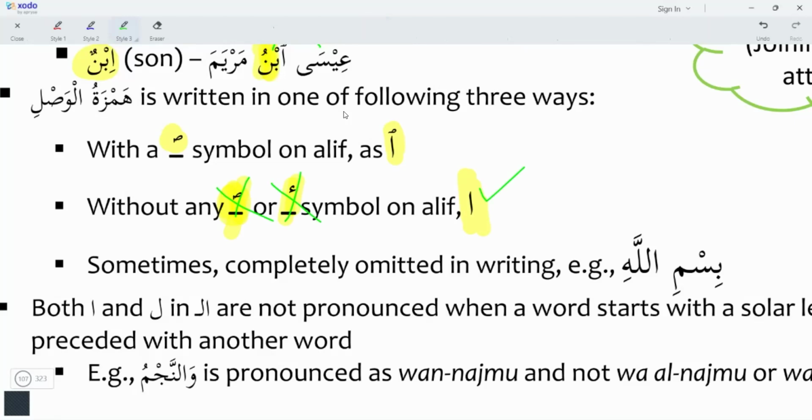In the first case, we write a Swad on the Alif. In the second case, we don't write any symbol on this Alif.